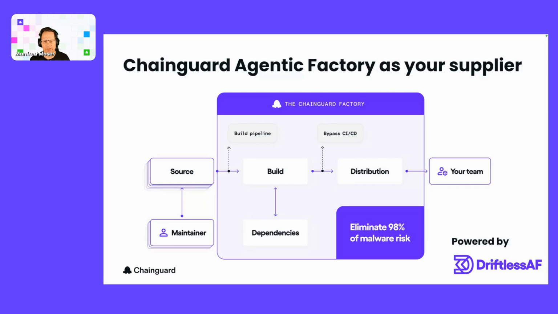And by building from source and from source only, we're eliminating over 98% of all the malware risk. Because remember, when I mentioned the attacks earlier, the malware is typically pushed into the public repositories and registries by credentials being stolen and then malware being injected into those libraries as a new version.